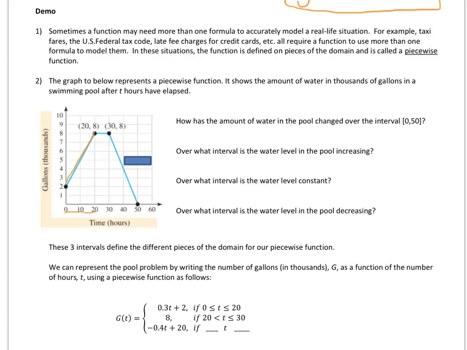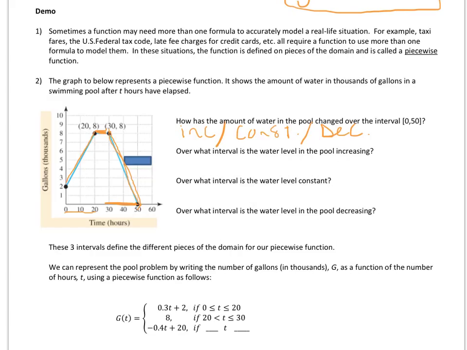And then from time 20 to time 30, the amount of water in the pool was constant, right here, constant at 8,000 gallons. And then from time 30 to time 50, the amount of water in the pool was decreasing, so it was draining. So it increased, then it stayed constant, and then it decreased.